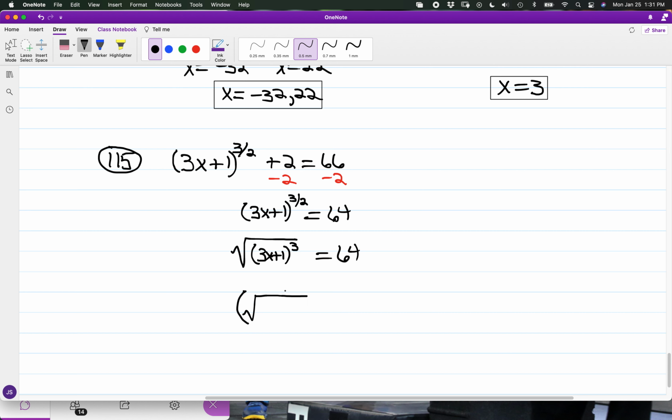Again, a bit of history repeating, with squaring to get rid of the square root. So the left-hand side will become the cube of the quantity of 3x plus 1, and 64 squared is going to be 4,096.